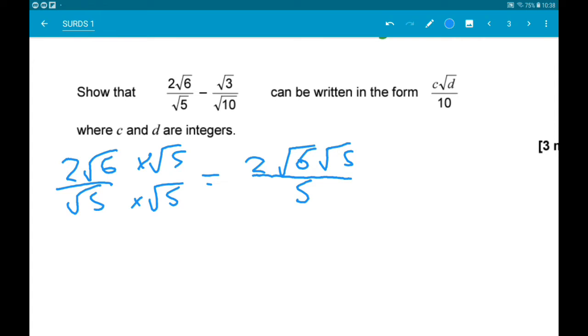So we have 2 root 30 over 5. Now because we know we want the final thing to have a 10 on the bottom, let's make it so that we have a 10 on the bottom here. We need to multiply the top and bottom by 2. So that's going to give us 4 root 30 over 10.